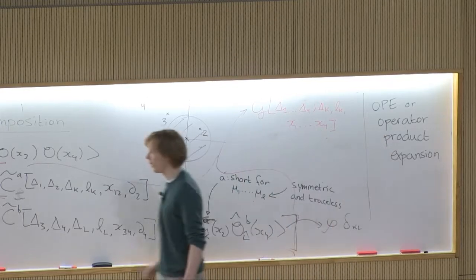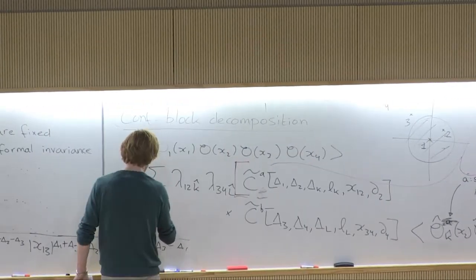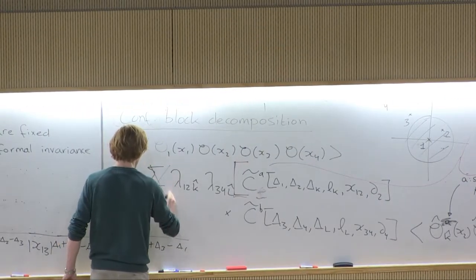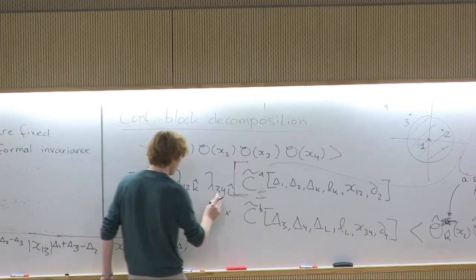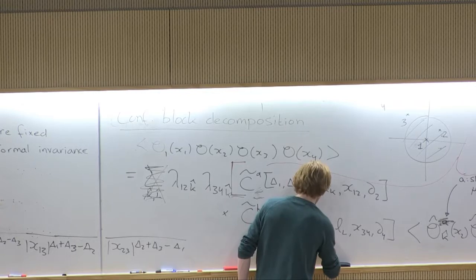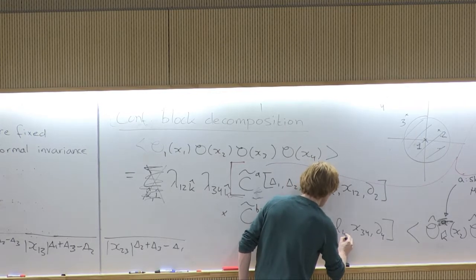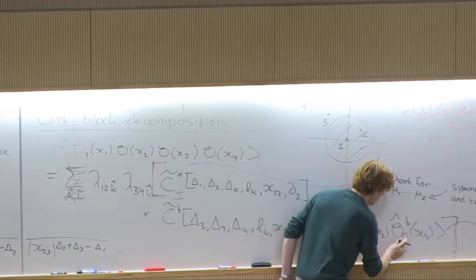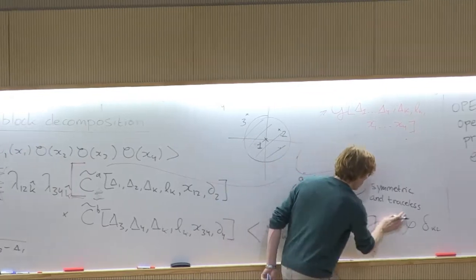And that delta KL kills my double sum. So k is equal to L. So I can just as well erase this sum, and everywhere I see an L, I just make it a k. This is a legitimate thing to do, because any other 2-point function will vanish.